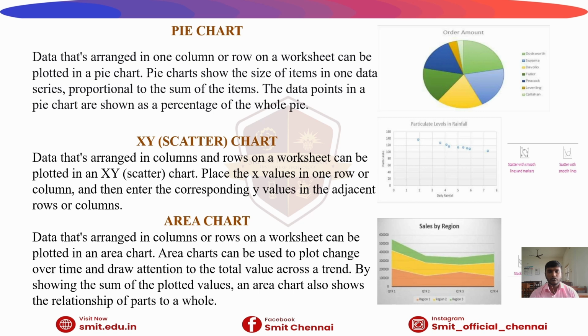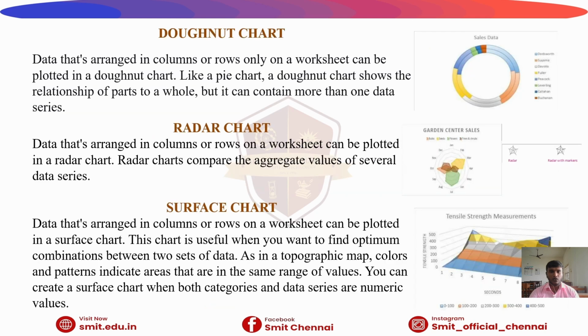It can be used if you want to show trends over time and volume. Stacked area charts can show how different categories contribute to the total over time. Then the donut chart. A donut is like a pie chart with a hole in the center.